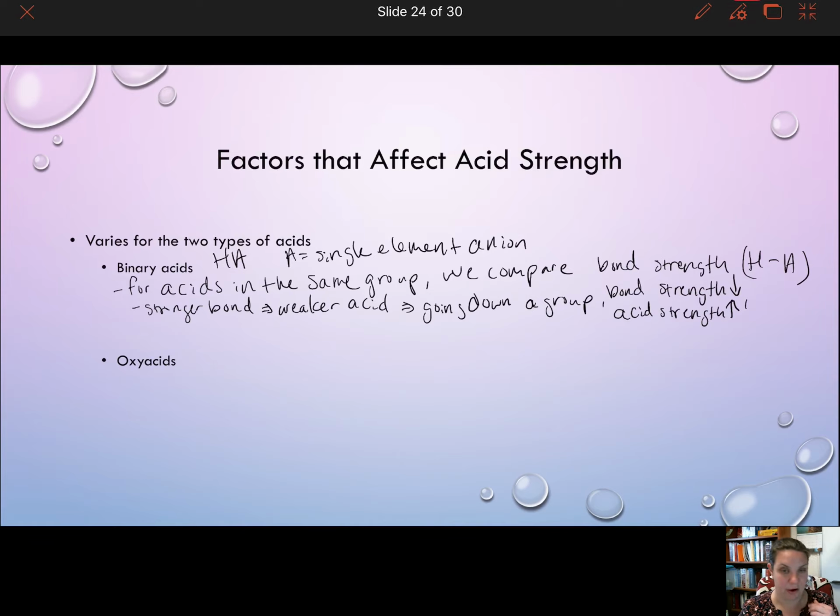Okay, so hydrofluoric acid, for instance, is a weak acid, while we go to hydrochloric acid being a strong acid. Hydrobromic acid is stronger than that, and then hydroiodic acid is a very strong acid.